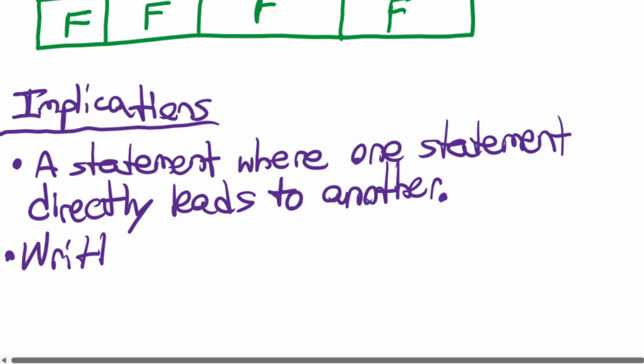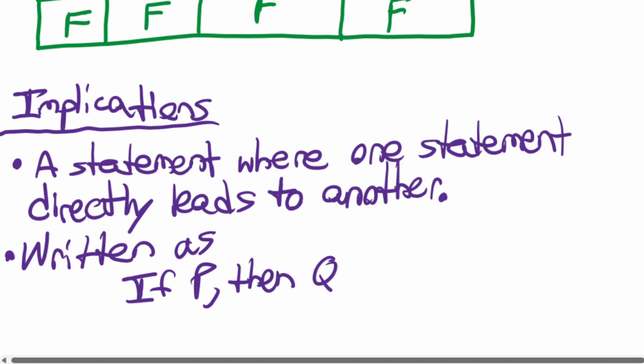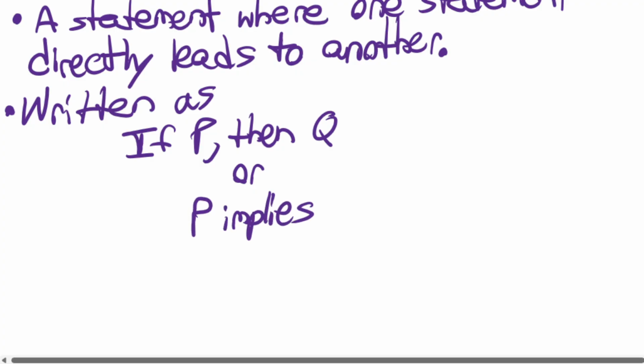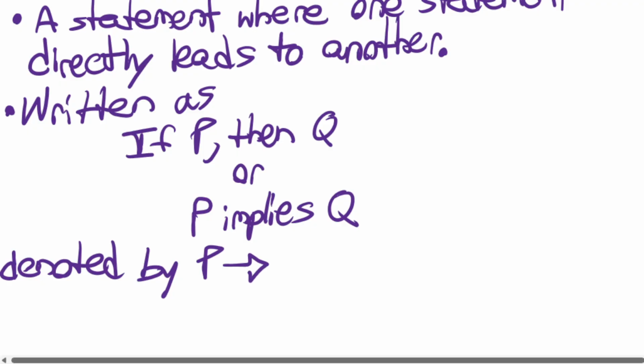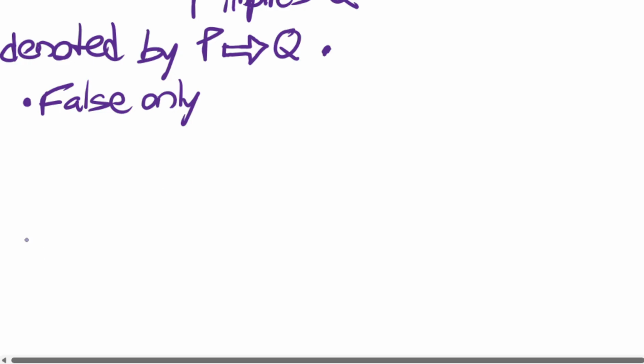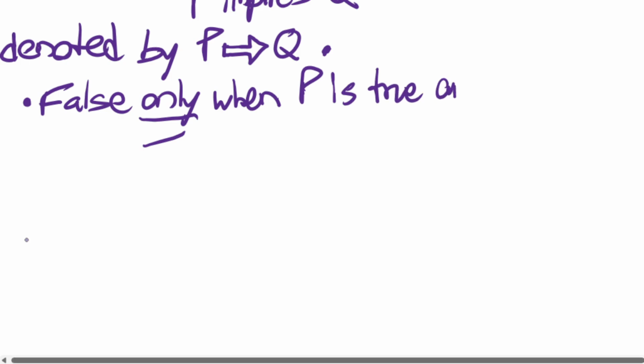And this is written as if P then Q, or P implies Q. And this is denoted by P, and then we draw an arrow symbol pointing to the next statement, Q. So this is false only when P is true and Q is false.